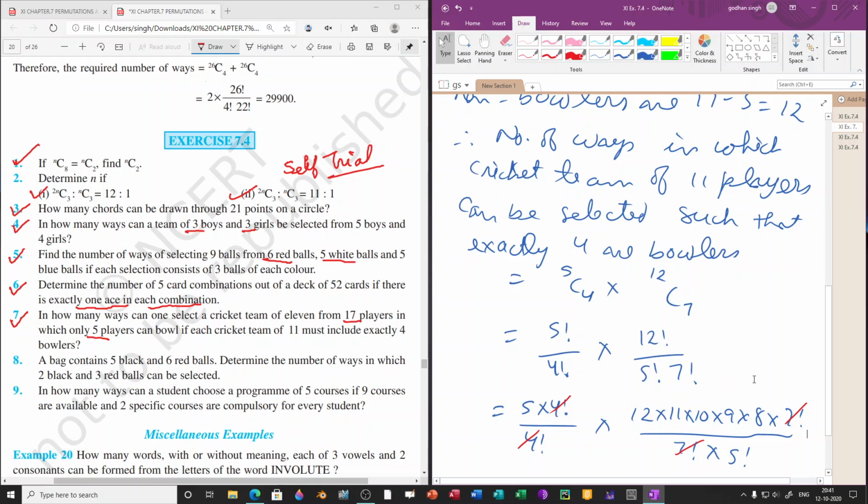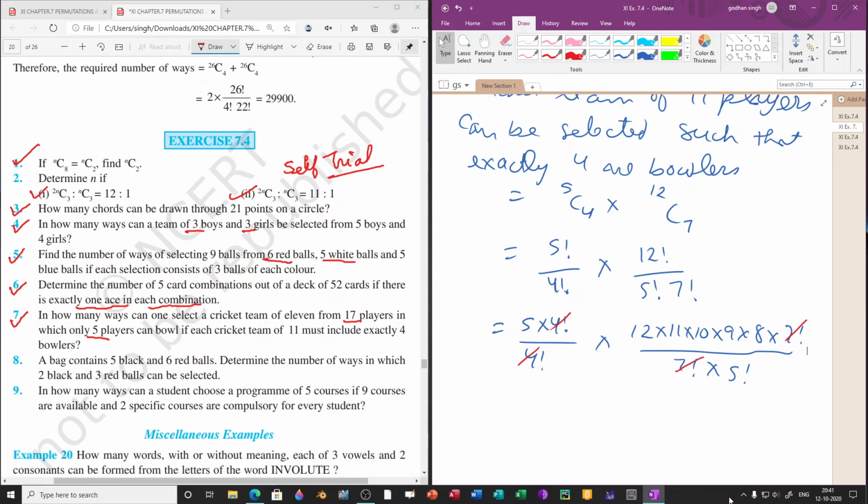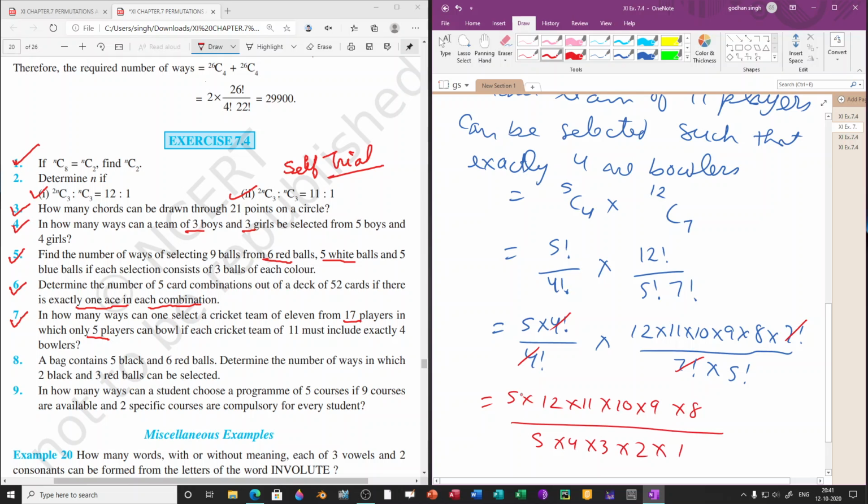Next we expand the 5 factorial: 5 into 12 into 11 into 10 into 9 into 8 divided by 5 into 4 into 3 into 2 into 1. Cancelling 5 and 5, we have 4 into 3, which is 12, and this 12 cancels out.